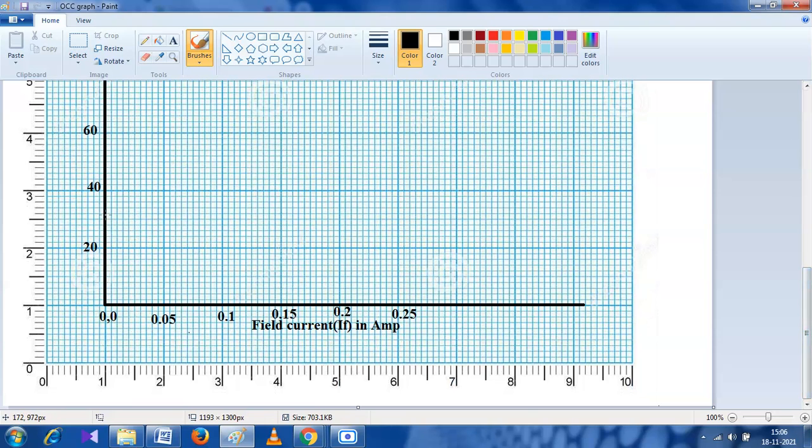This is 30. 32, 34, 36, 37. This should be the point.